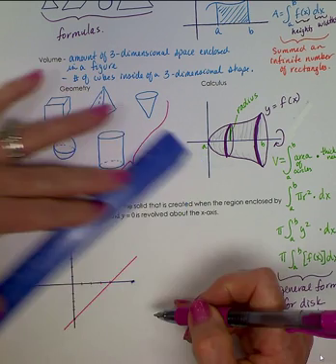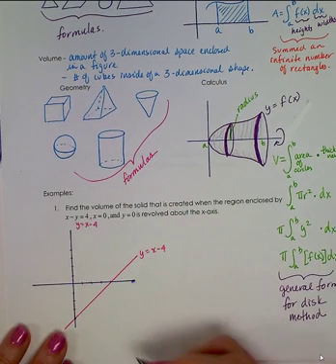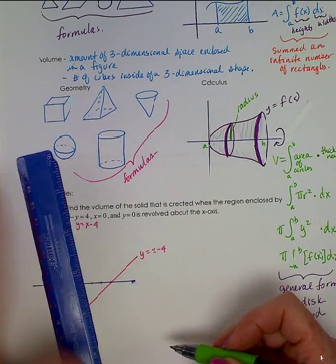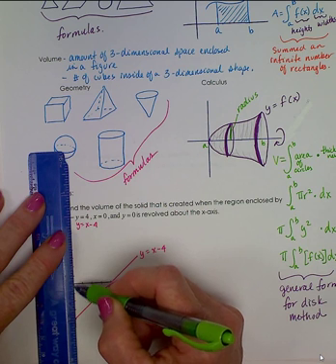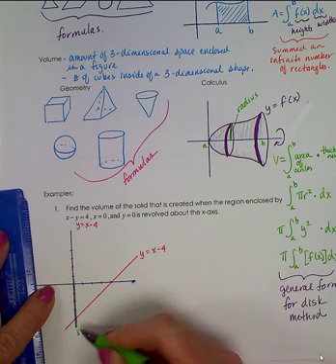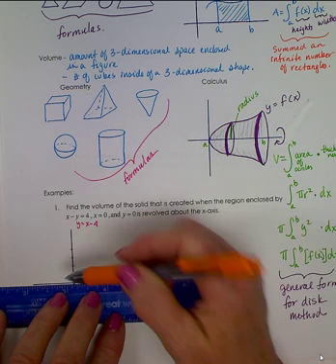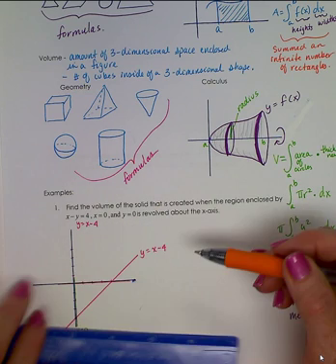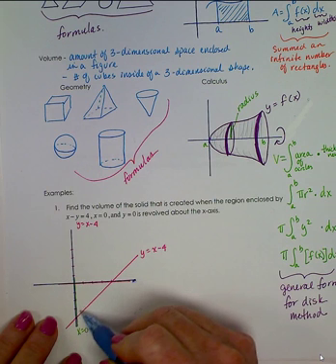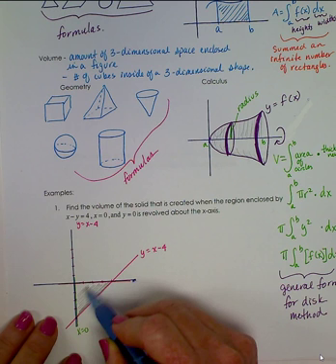There's that line, y equals x minus 4. x equals 0, that's that line. And y equals 0, that. All right, where's that region? Lightly shade that region in, that triangular region.